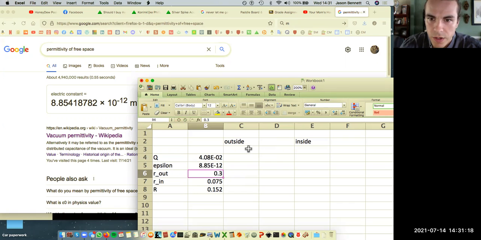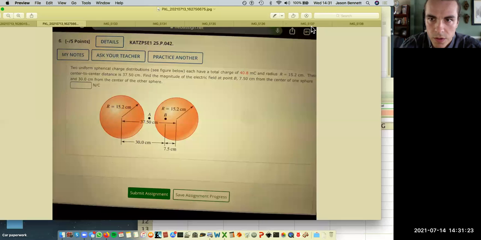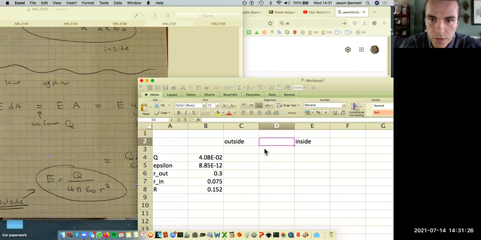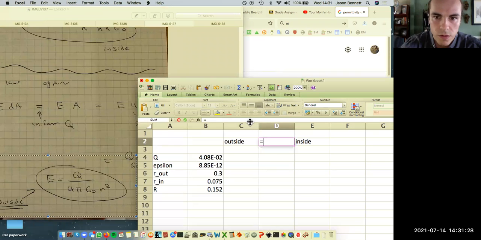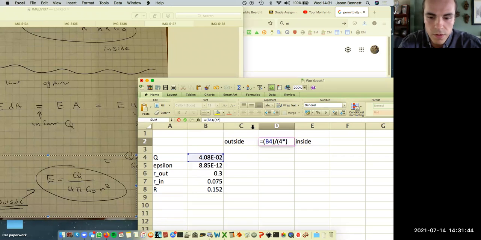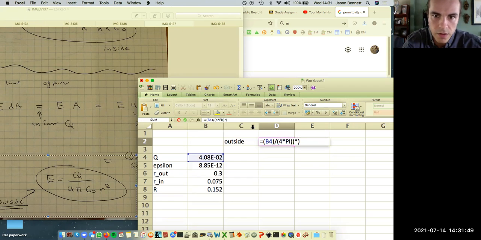Okay, so outside is, there we go. Equals parenthesis, big Q divided by 4 times pi, I think it's pi, right, times epsilon times R squared.